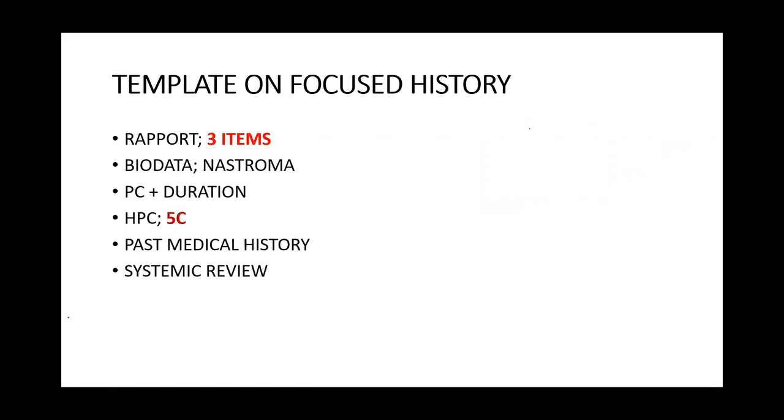Okay. Now, this is a template on how to take a focused history in an OSCE station. The first item of a focused history is to create rapport. Now, creating rapport is all about building trust between you and patients.